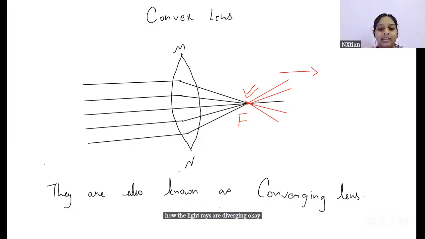This is a convex or converging lens. We'll do the divergent lens tomorrow, that's the concave lens, and we'll do the differences. What are the major differences between the convex and concave lens? We will continue tomorrow.